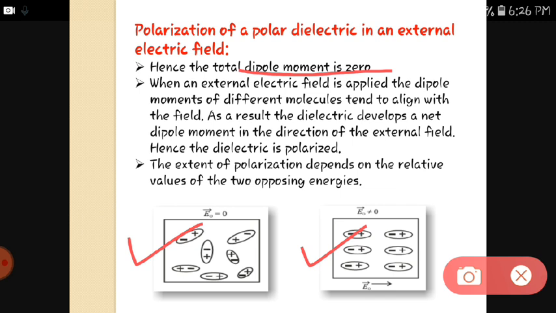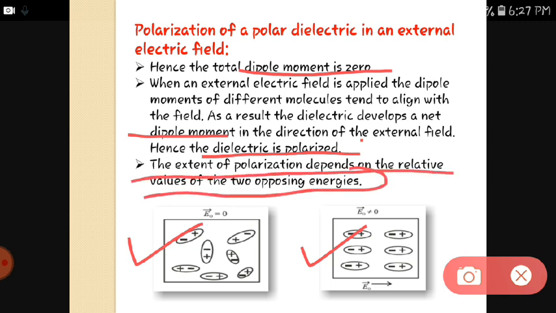But when we apply an external field, the molecules tend to align in the electric field and produce some dipole moments. So we get a net dipole moment, and the dielectric gets polarized. Hence the extent of polarization depends on the relative values of the opposing energies.